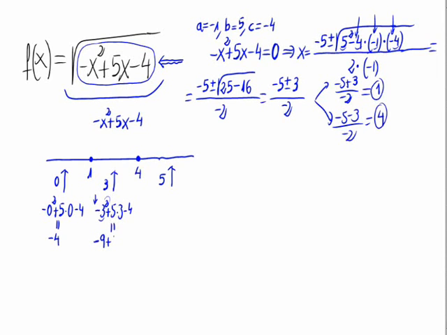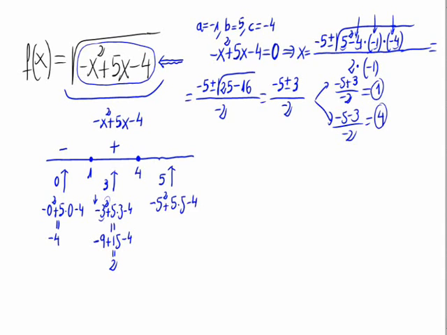So let's copy the minus, and the square of 3 is 9. Be careful with that. 5 times 3 is 15, and now minus 4. Operating this, we would have 2. That is a positive sign.